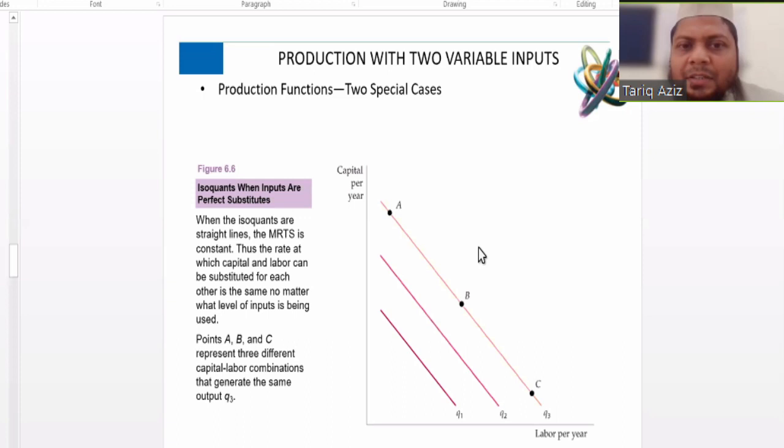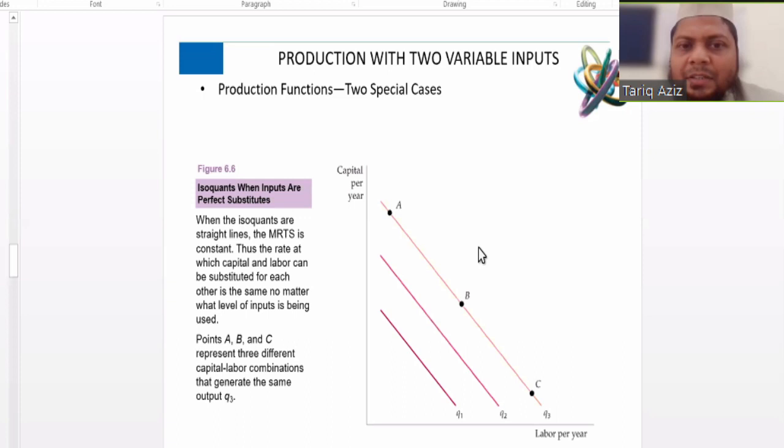And another case, if the nature of the production is like this, if one input cannot be replaced by another input, in that case, the isoquant will look like an L. This is L. Why is this L?